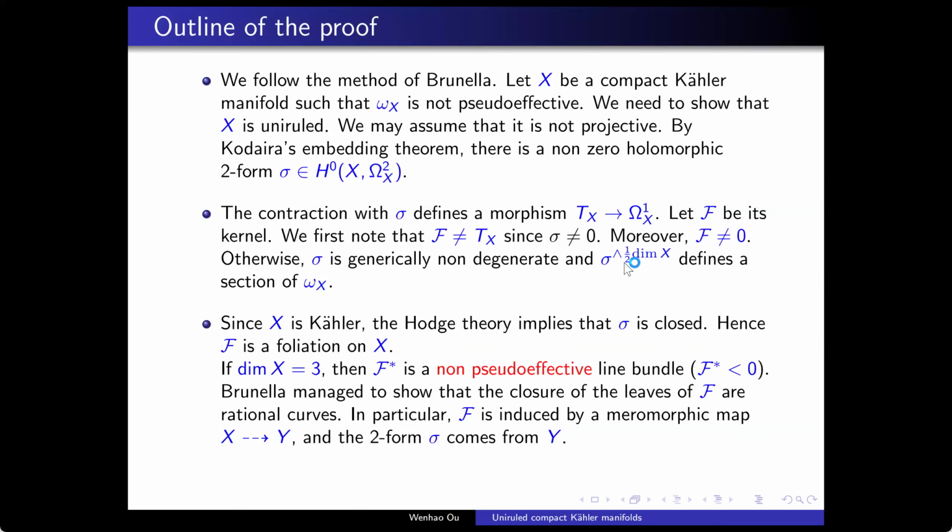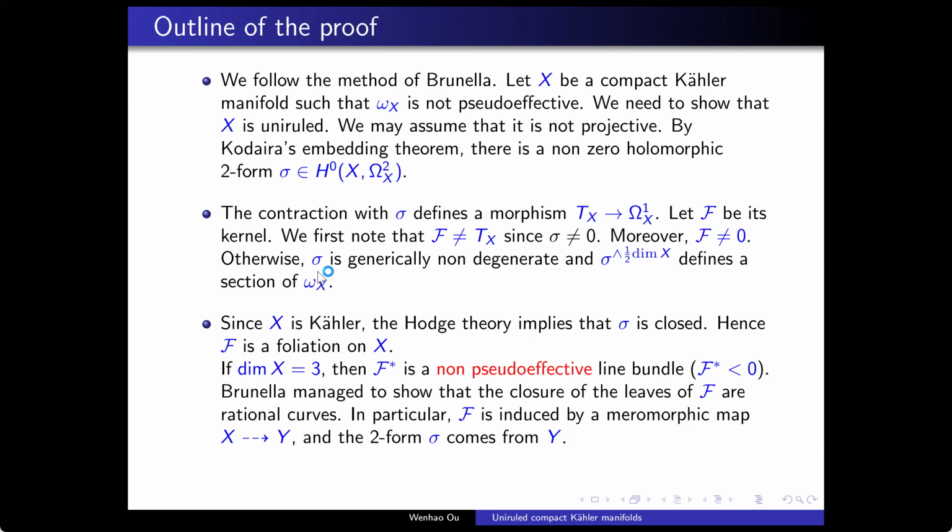So we can consider the self-wedge product of power one half dimension X. And this will define a section of omega X, which is a contradiction because we assume that omega X is not pseudo-effective. To visualize this argument, we can imagine the case of a holomorphic symplectic or hyperkähler manifold.